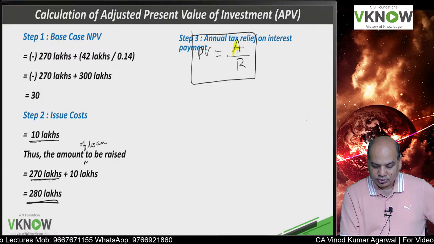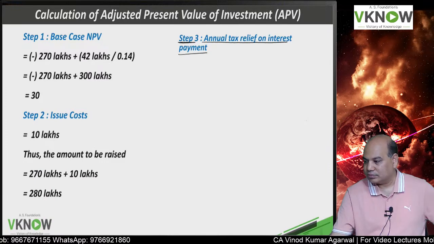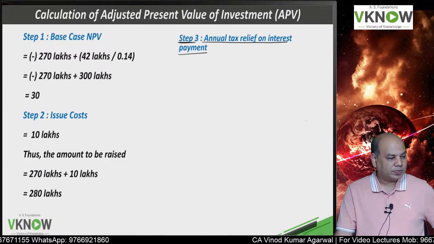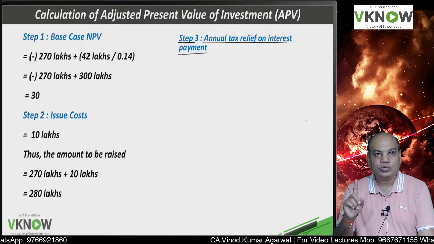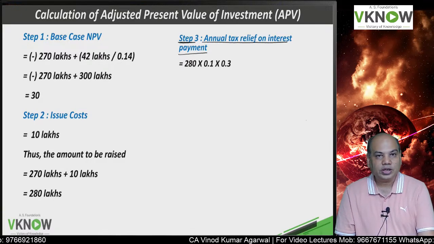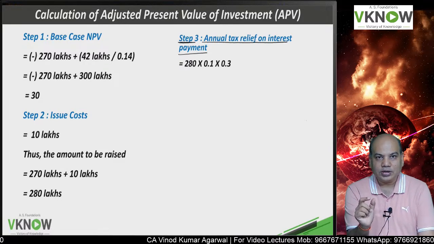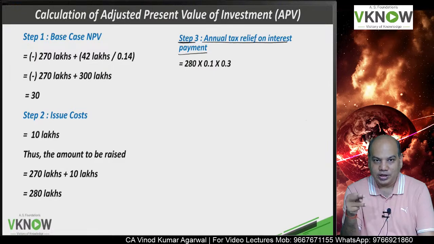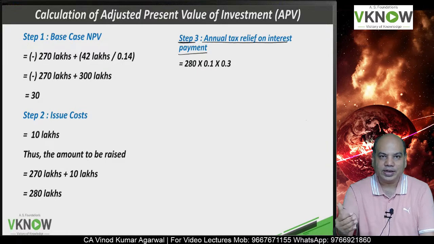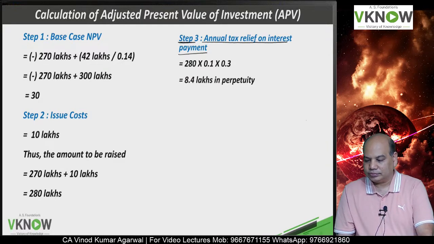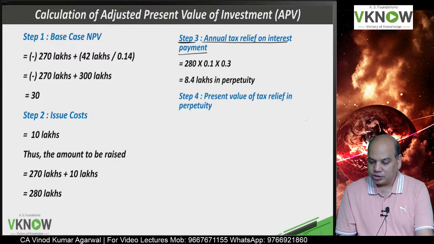Then write down step number 3, annual tax relief on interest payment. 280 lakh into 10%, 28 will be annual interest, into 30% tax rate. Interest multiplied by tax rate is called tax shield. So 8.4 lakh in perpetuity.